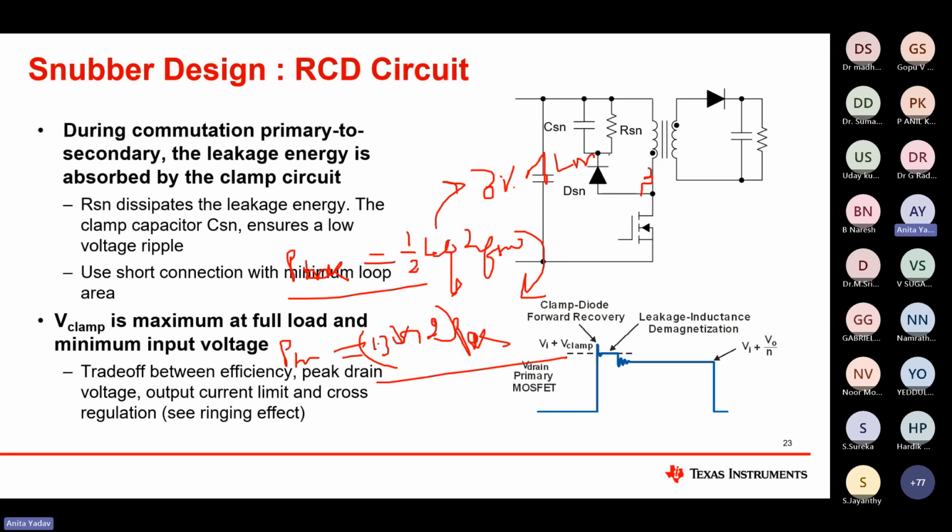Using this, the power equals V clamp square divided by R. Once you know V clamp and the snubber power, you can calculate your R. Another thing is the calculation for C snubber: I equals C dV by dt, and the leakage current, basically the primary side current, we utilize to calculate the C snubber.